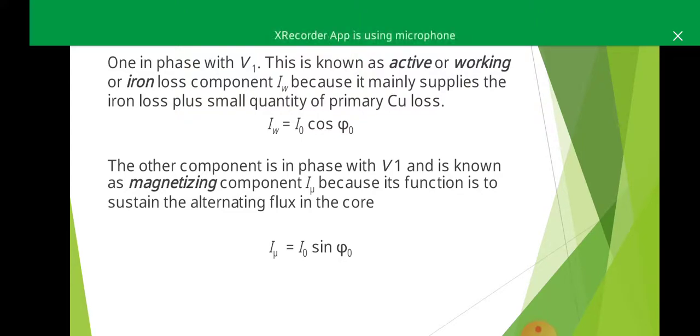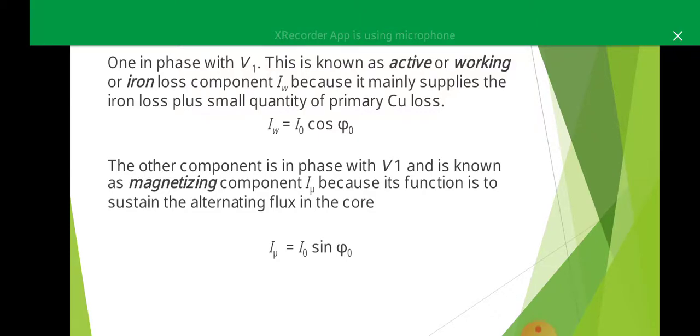The other component is in phase with the flux and is known as the magnetizing component I_mu, because its function is to sustain or maintain the alternating flux in the core, and it is equal to I0 sin φ0.